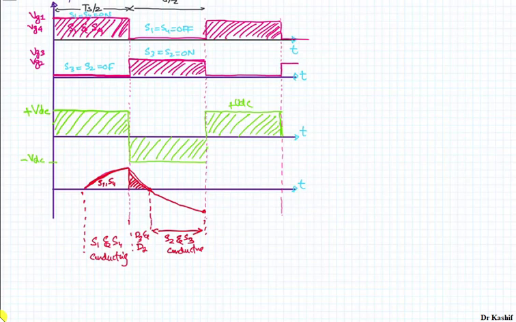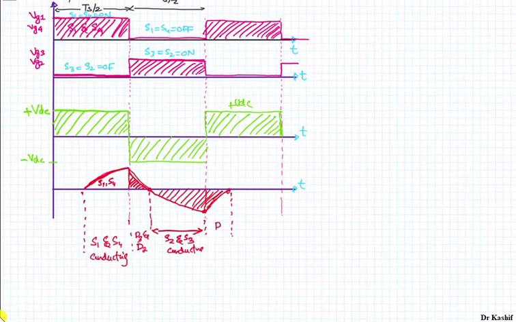They cannot conduct in the opposite direction, there cannot be negative current, so your diodes D1 and D4 at that instant of time will be conducting, and the current will be approaching 0. Once the energy stored in the inductor goes to 0, your main switches will start conducting, but before that your diodes will be conducting over here.